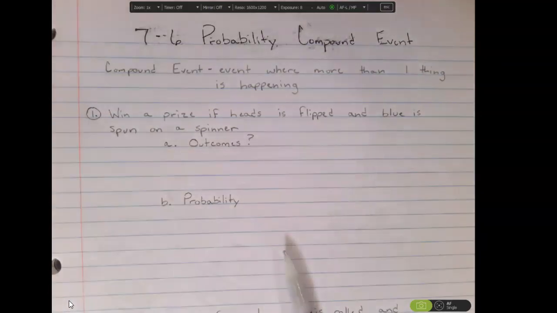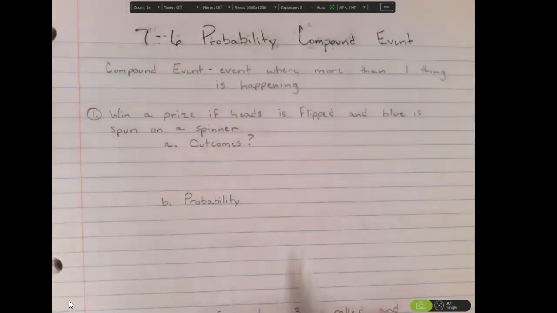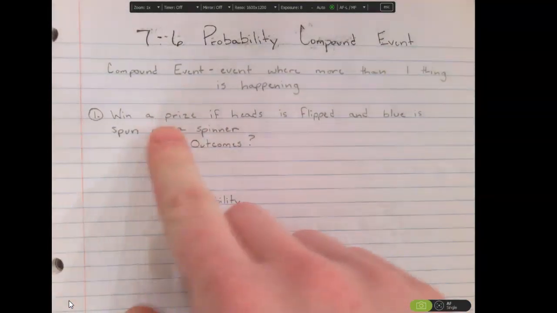There are some common events that we talk about, like flipping a coin, or flipping a coin and rolling a dice. So it's really any combination of two or more things going on at one time. Let's get started.